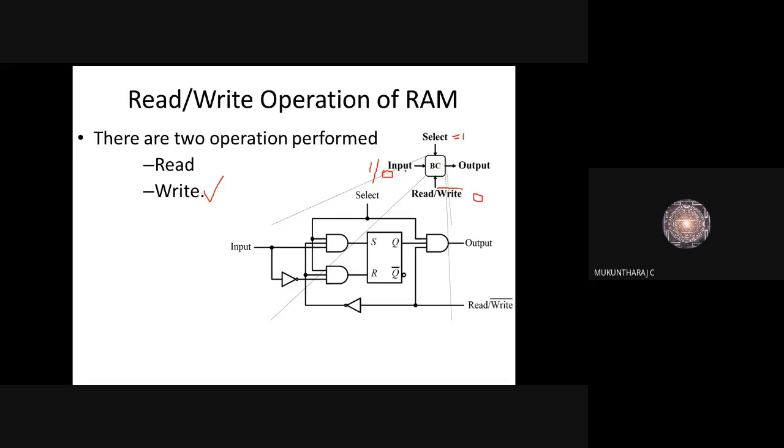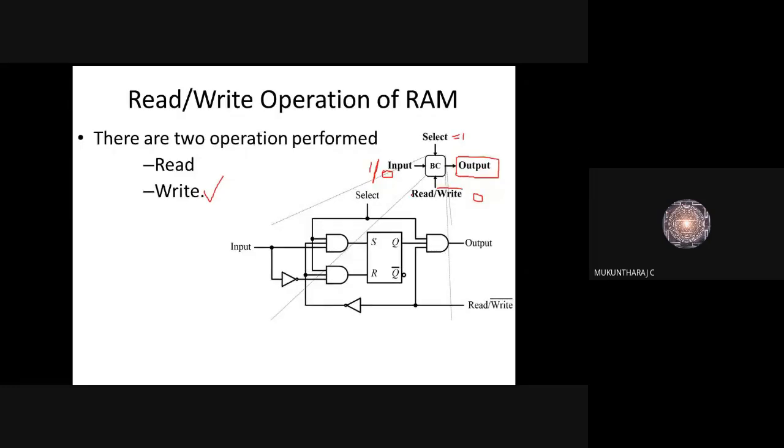Okay, so on this input line we are having the data. Okay, it may be 0 or 1, right? So now we are not caring about this output, because we are going to store the data inside the memory. That means we are going to write the data inside the binary cell.